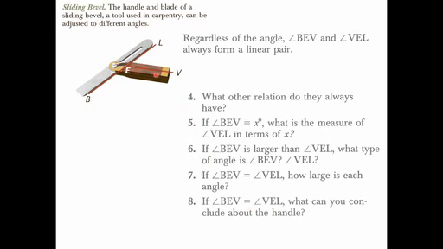This handle in relation to the blade is what he's talking about there. And then for review, find the theorem. This was the hardest one in the chapter to keep straight. But it has to do with if the angles of a linear pair are equal, find that theorem.